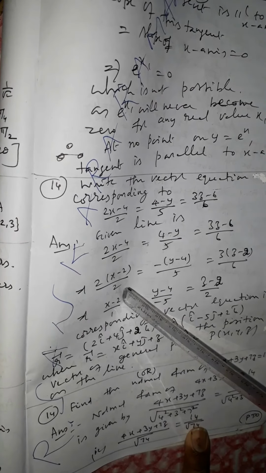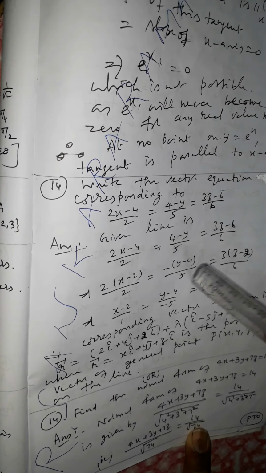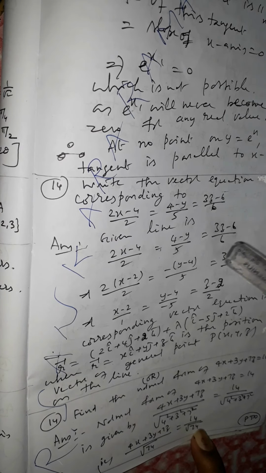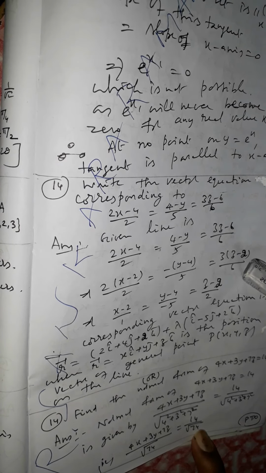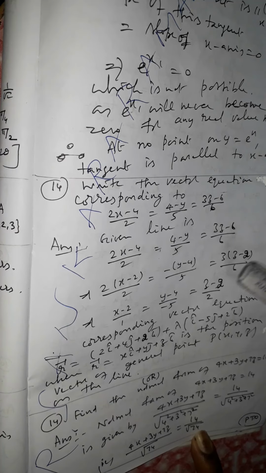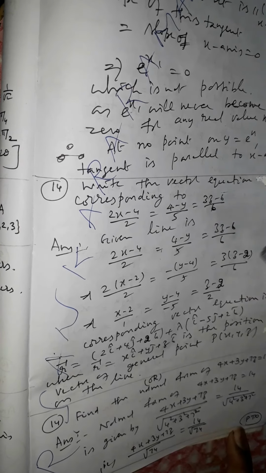I'll get 2 into (x minus 2) divided by 2 is equal to, take minus as common, minus (y minus 4) by 5 is equal to, take 3 as common, 3 into (z minus 2) by 6, which will imply (x minus 2) divided by 1 is equal to (y minus 4) divided by minus 5 is equal to (z minus 2) divided by 2. I am able to bring it to the standard format.